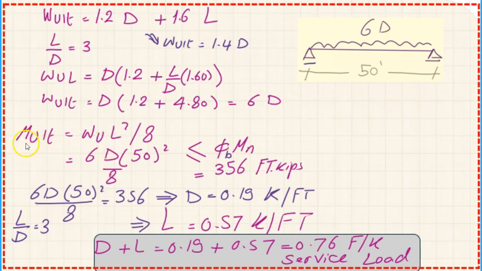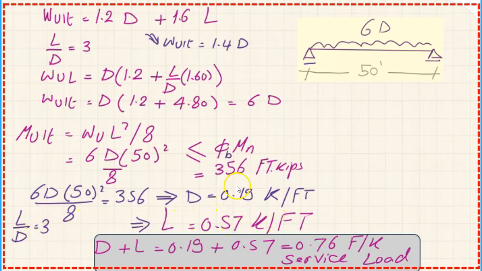We will estimate the moment M ultimate equal to W ultimate L squared over 8. We take the value 6D multiplied by L squared divided by 8. This value M ultimate is supposed to be smaller or equal to phi multiplied by M nominal, which is equal to 356 feet-kips. We solve for the D value, which would be equal to 0.19 kip per foot, multiply by 3 to get the L value.